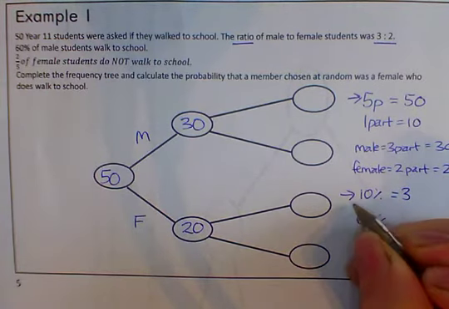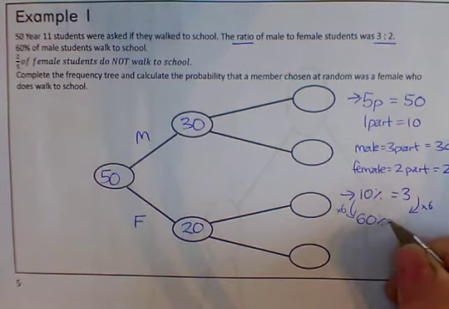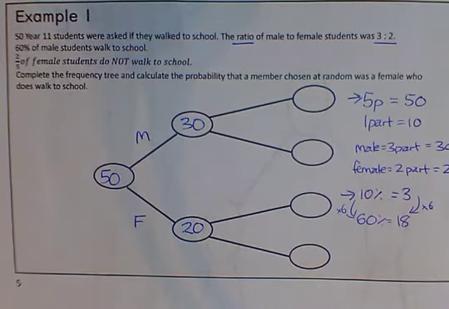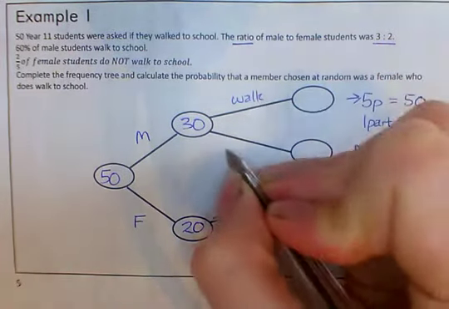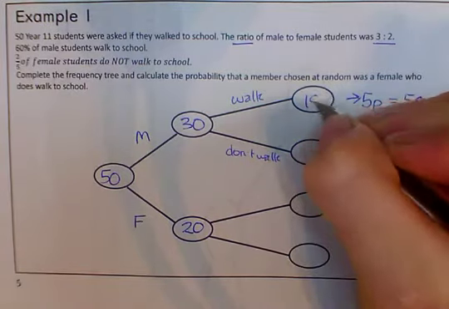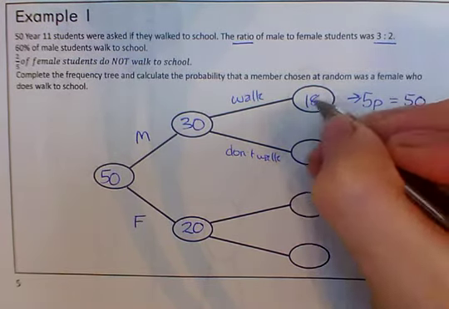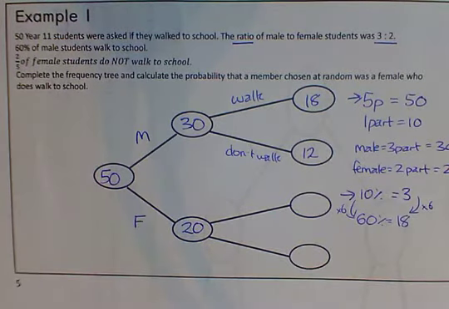So 60% I need to times by 6. And that tells me that there are 18 male students who walk to school. If there are 18 male students who walk to school, there must be 12 male students who don't.